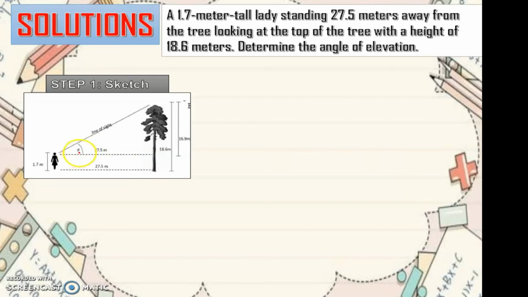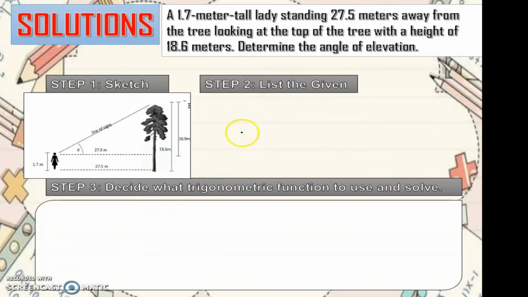So what we're going to analyze here, class, for step 2, we need to list the given. So the given here are the following: the distance away from the tree, and that is 27.5 meters.